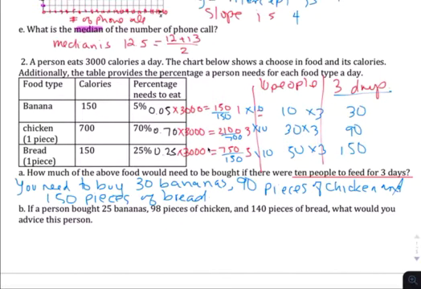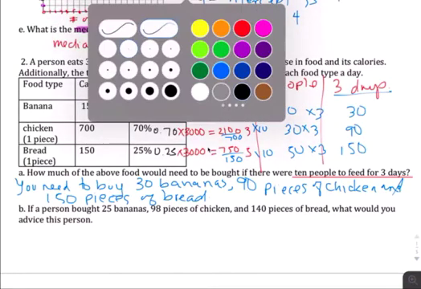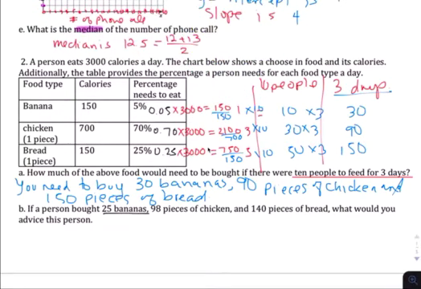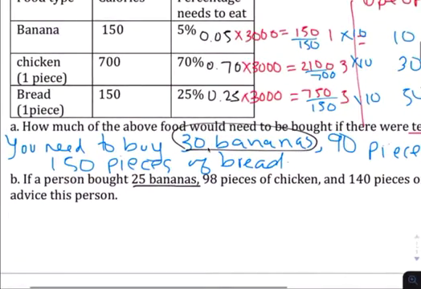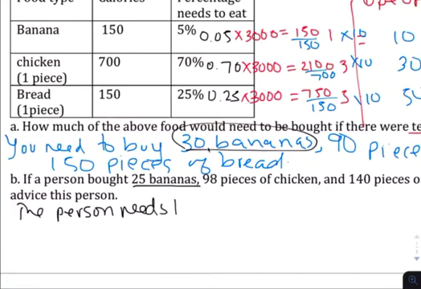Okay, if a person bought 25 bananas, they needed 30. So the person needs to buy 5 more bananas.